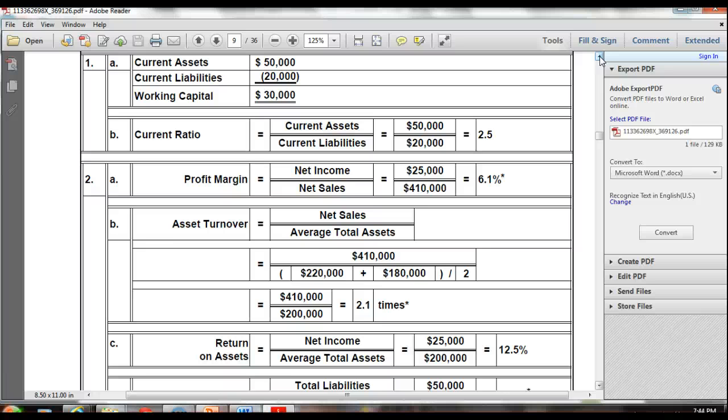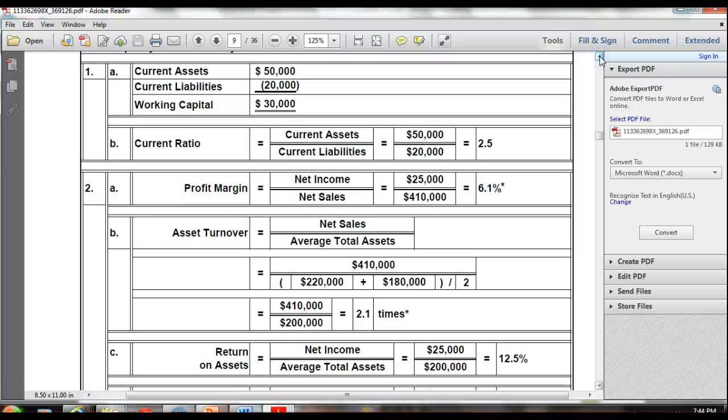Well, the only way we really can compare it is to compare it within years. So let's say in 2013 their profit margin was 6.1%. But in 2013 it was 6.2%. 2012 it was 6.8%. You wonder, users use that information to see, are they becoming more profitable or less, and why?